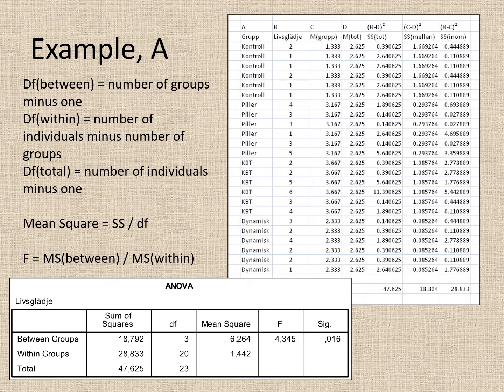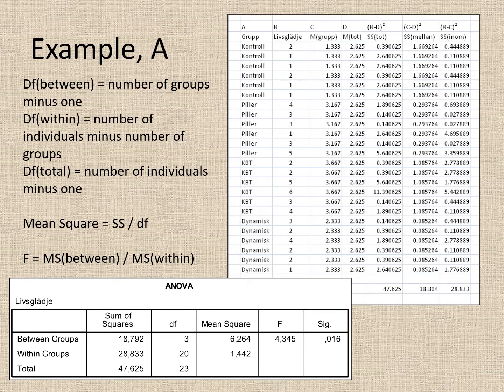You could imagine to illustrate it like this. We have a total mean, 2.6, and we have 4 sample means. How many of those 4 sample means can vary given that the total mean is 2.6? Well, all but 1.